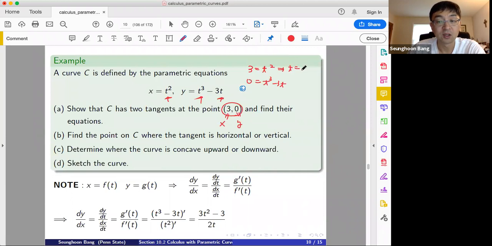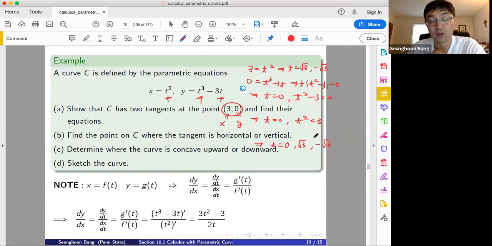For x, t is root 3 or minus root 3. For y, factor out t: t times (t squared minus 3) equals 0. So t equals 0, or t squared minus 3 equals 0, so t squared equals 3. Taking the square root, t is 0, root 3, or minus root 3.